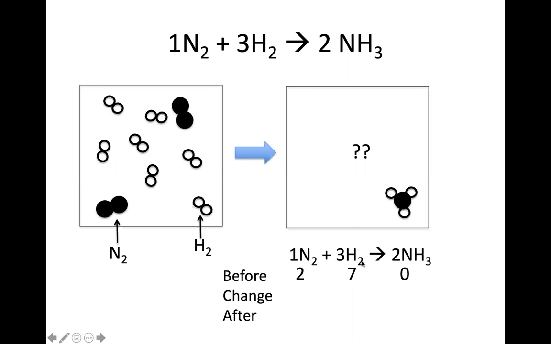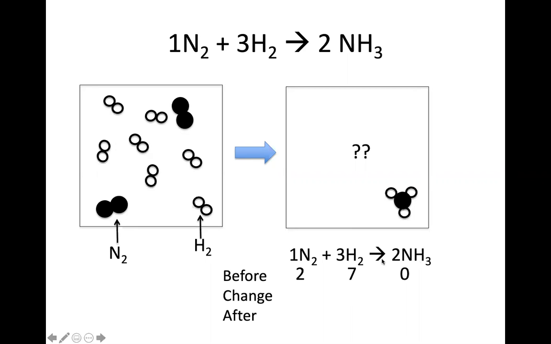Or I've got H2 molecules. Subscript 2 is telling me I've got 2 hydrogen atoms within that molecule. Or NH3 is telling me I've got 3 hydrogens present. Those subscripts right there, they're not involved at all as far as coefficients. They're just telling me the parts that are there.